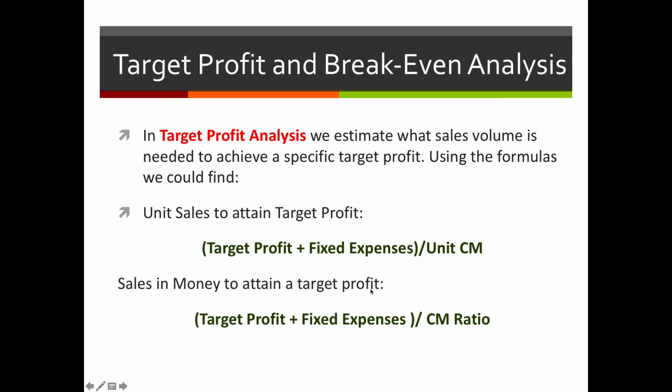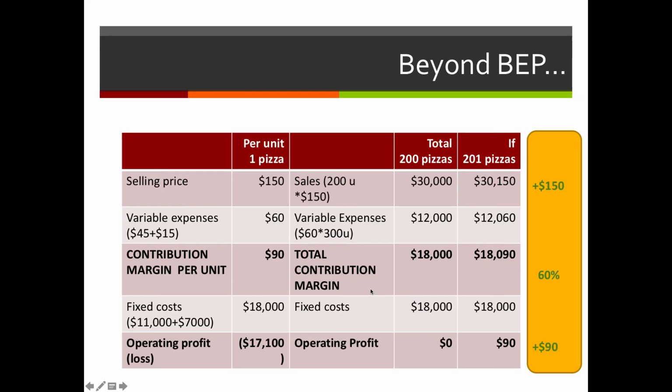And we already knew it. If we see our calculation, we calculated 200 pizzas. 200 pizzas times 150 is the 30,000, right? So no more testing. We already know that at 30,000 we reach an operating profit of 0.